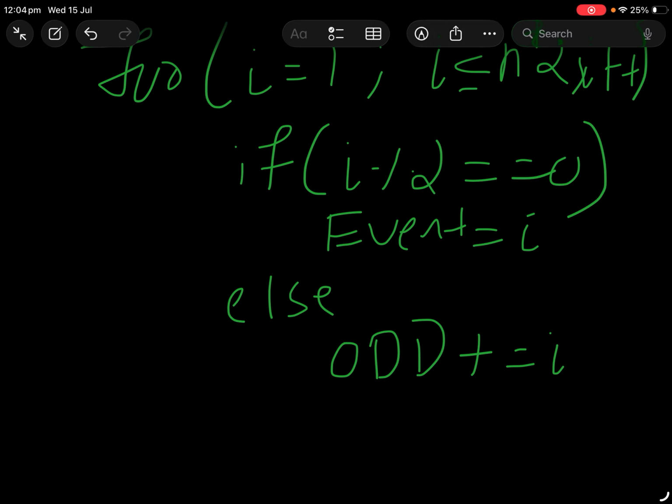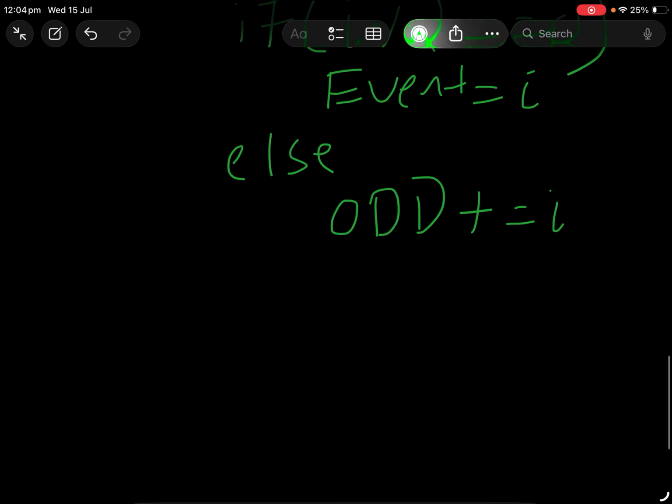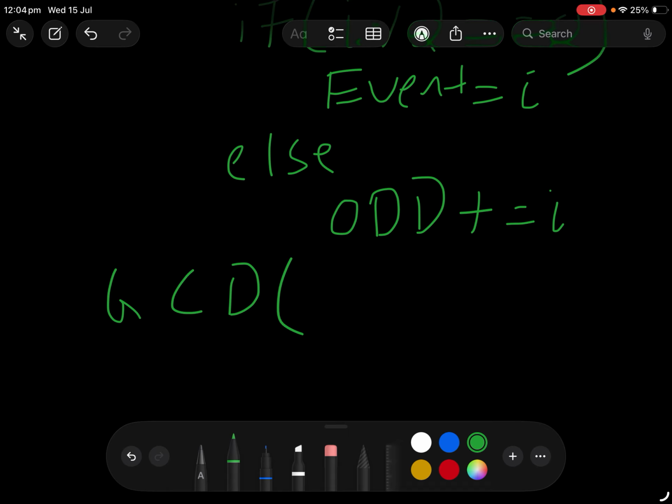So we can calculate even sum and odd sum.